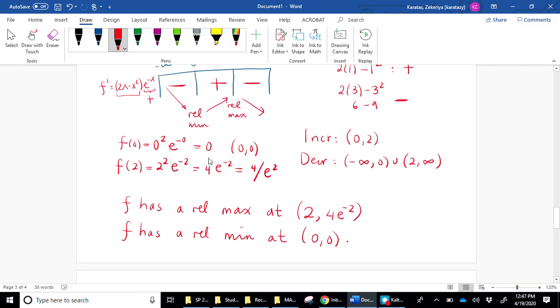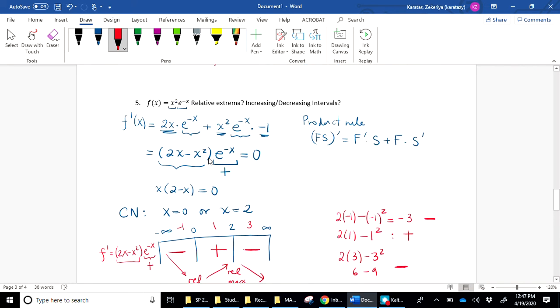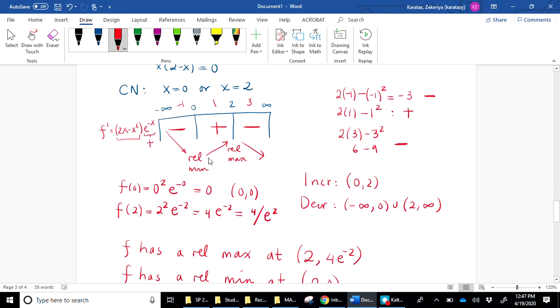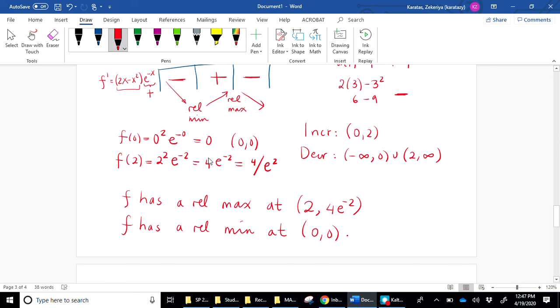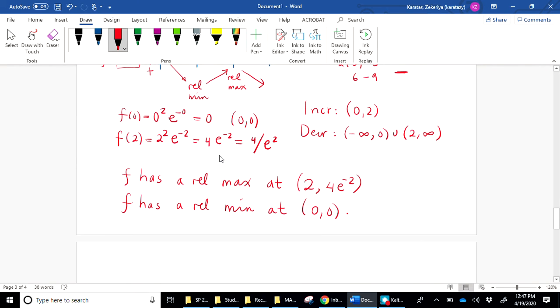So this is just another example in which a polynomial is combined with an exponential function, and we find the increasing and decreasing intervals, and we find the relative max and relative min.